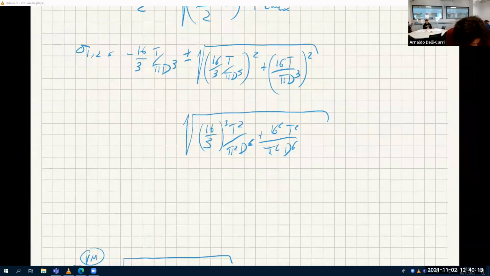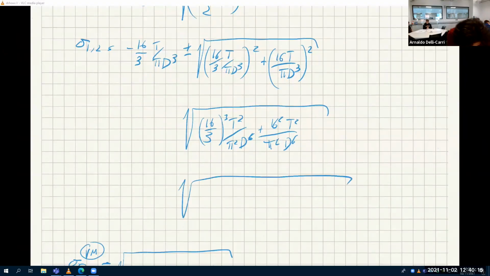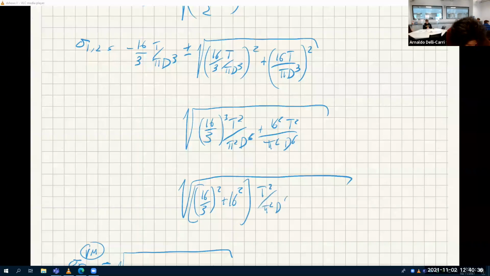And so this one can be rearranged as 16 divided by 3 squared plus 16 squared, times t squared pi squared d to the power of 6.